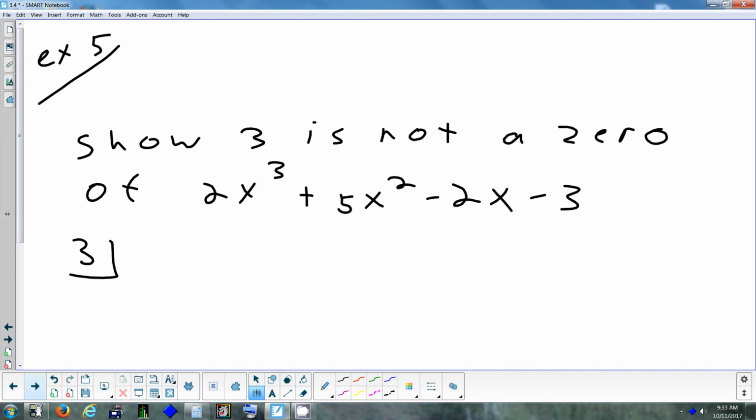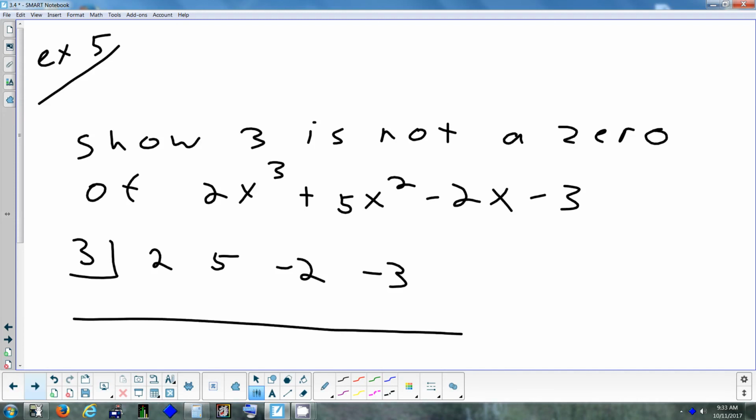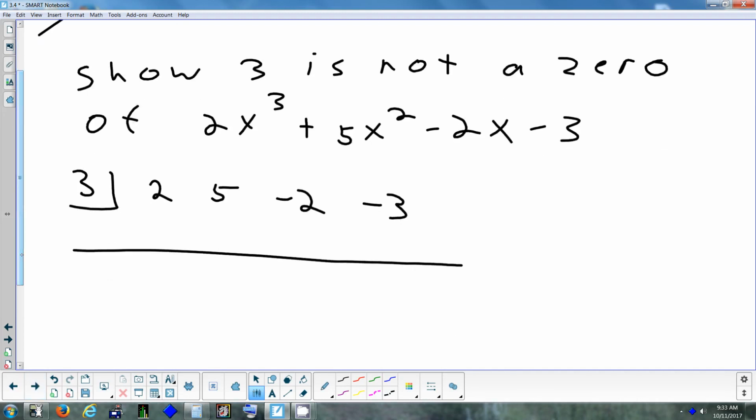There's the number after the minus sign. 2, 5, negative 2, negative 3. Okay, Gracie, what's my first step? Bring down the 2. Sam, 3 times 2? 6. Juliana, 5 plus 6? 11. Tessa, 3 times 11? 33.